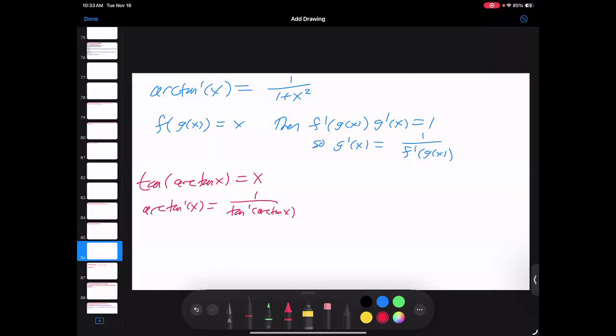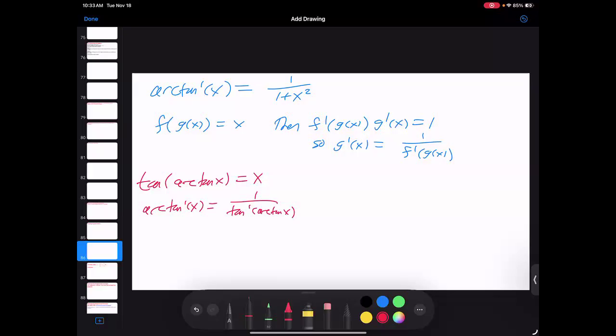So tangent is sine over cosine. Does anybody remember what the derivative of tangent is? What rule would you use to get the derivative of tangent? Quotient rule. And so when you do that, you have sine over cosine. You get cosine times cosine minus sine times negative sine.